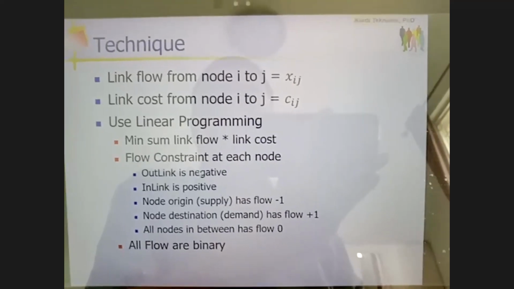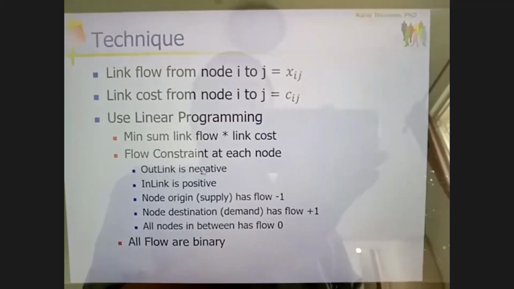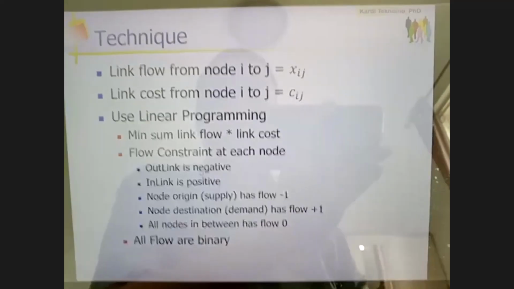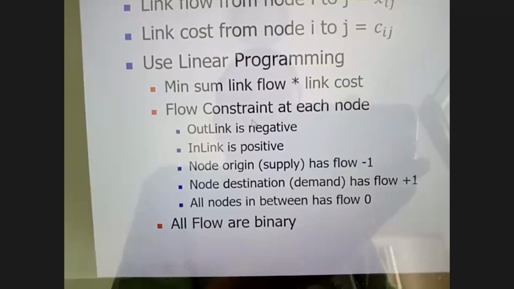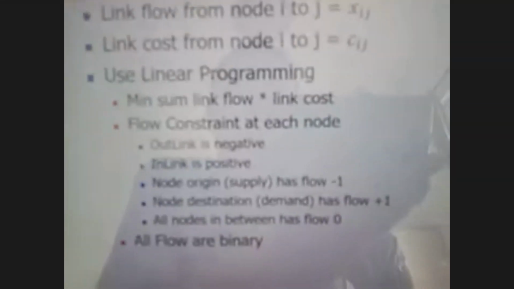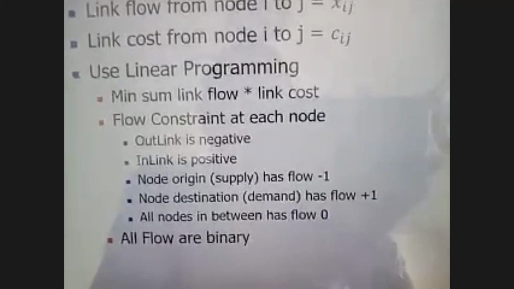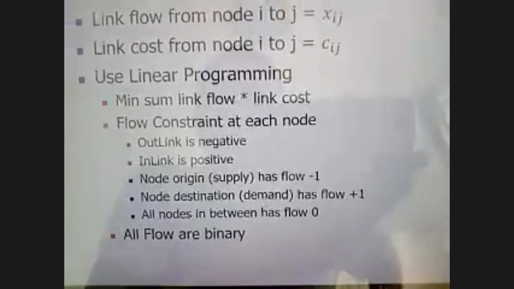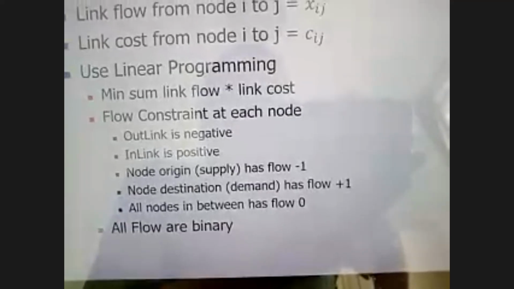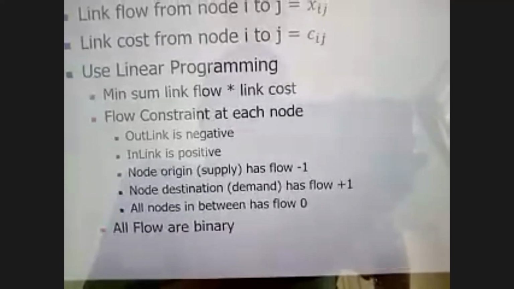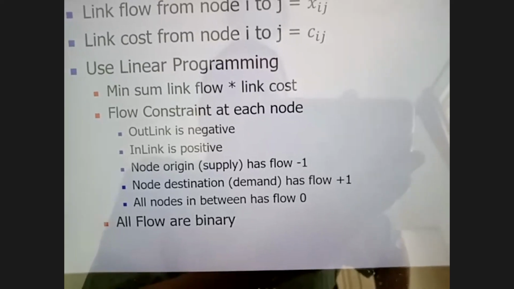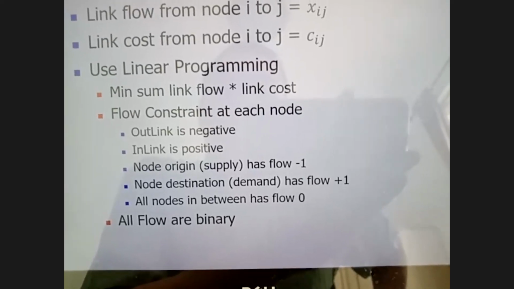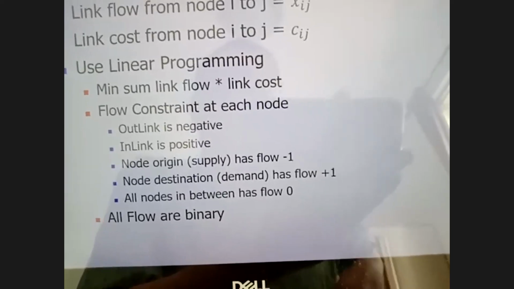Okay, and then you do the same as the out link is negative, the in link is positive, and then you have only one node origin which have flow of -1, and then you have one node of destination which has flow of +1. Okay, this is what makes it different from transshipment problem. So all nodes in between have flow of 0, and then all flows are binary, exist or not exist.